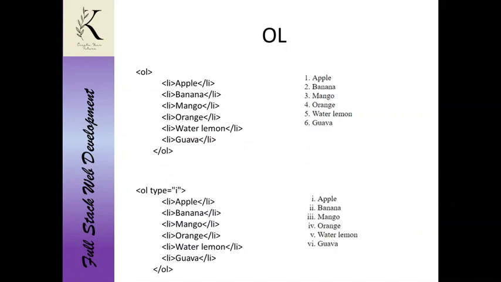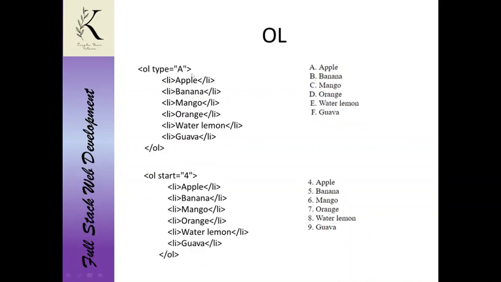For the ordered list, for the same set of fruits, we also created another list. The default bullet comes in decimal numbers. If I want to change the default bullets, I have to provide a value. Suppose I want Roman numbers, then I have to provide a value like I, so all the bullets will come in Roman numbers, following the sequence.